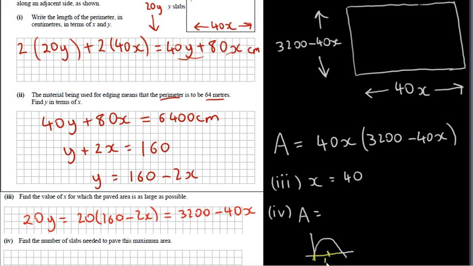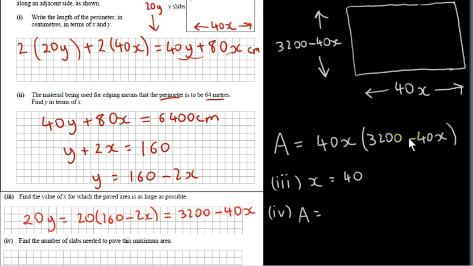Then we know that when x is 40, we have a maximum value for A. So what we're doing now is finding the value of A that corresponds to x equals 40. And from this maximum area, we can work out the number of slabs needed to cover the maximum area.